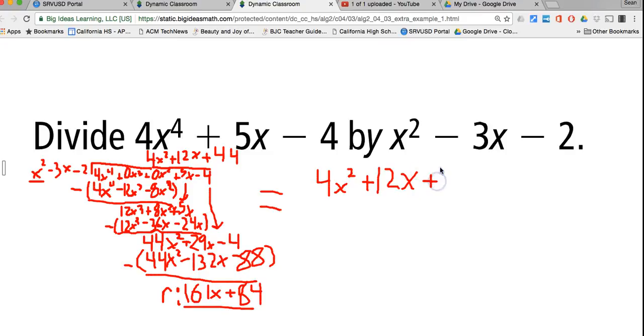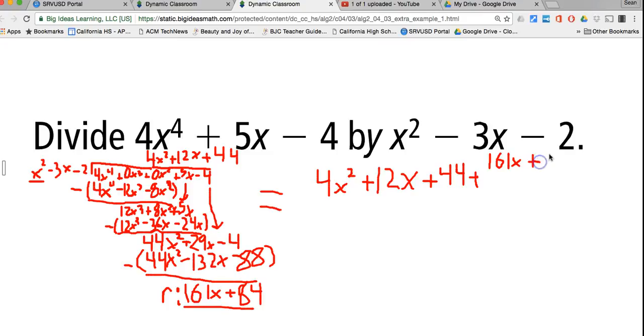I apologize, it's a little sloppy, but this is the best way to demonstrate these problems. Our remainder is written as a quotient of our remainder over the divisor.